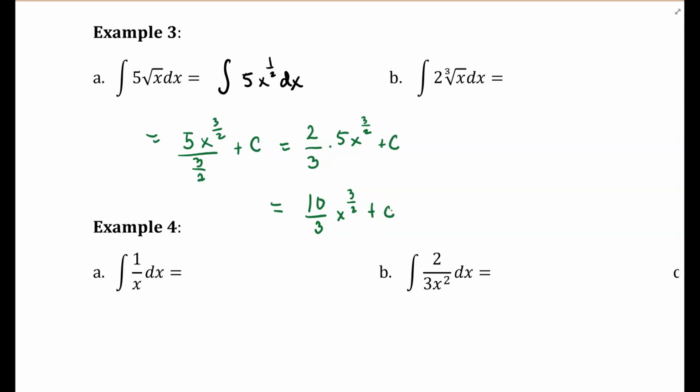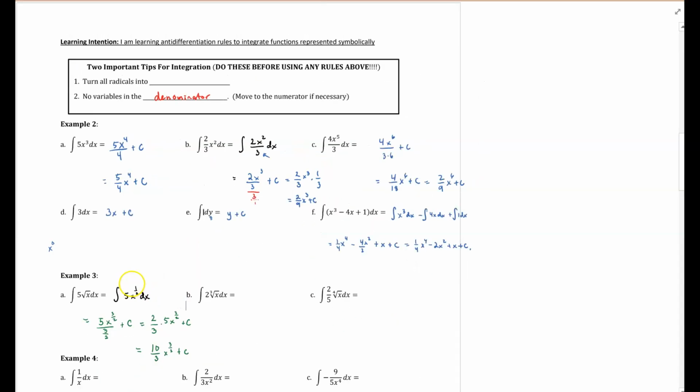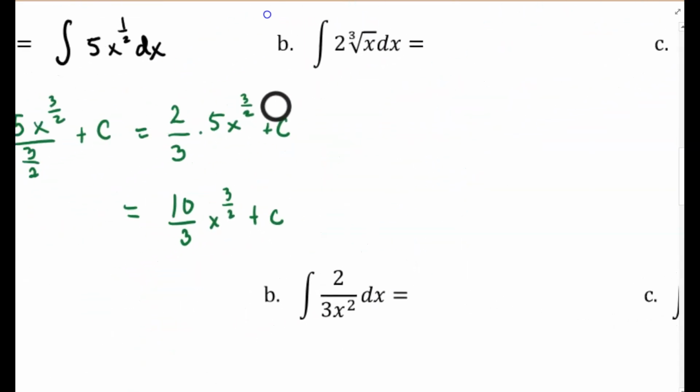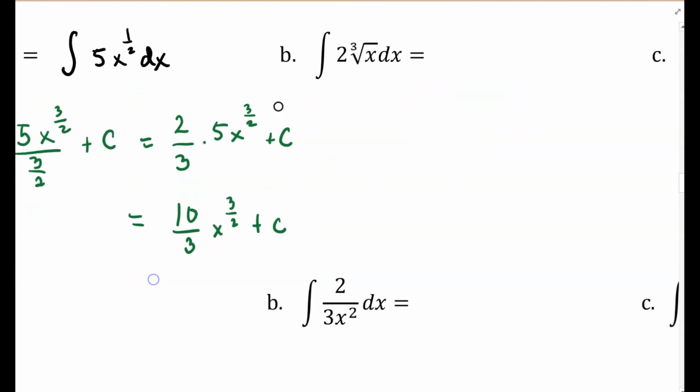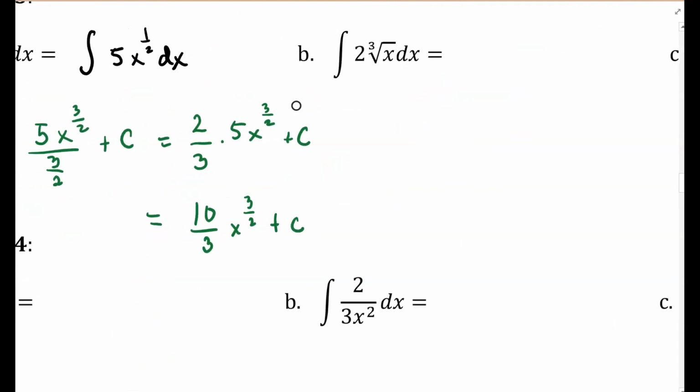Okay, let's look at another one. B, we have the integral of 2 cube root of x dx. Okay, I'm going to go ahead and rewrite this first. So this is the integral of 2x to the power of 1/3 dx, which ends up giving me 2x to the power of 4/3.